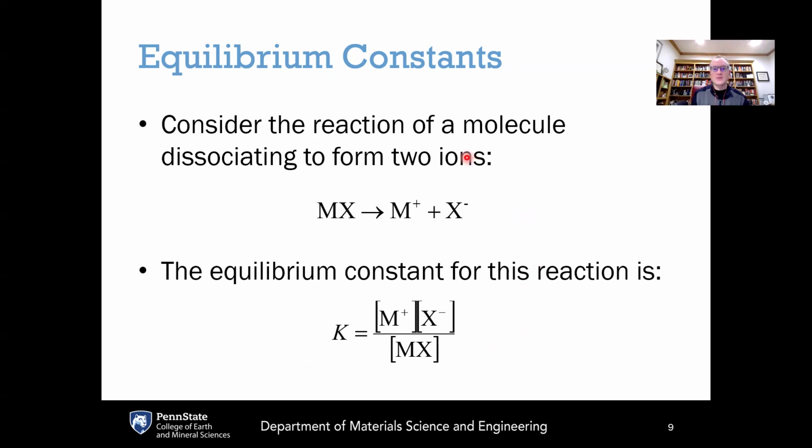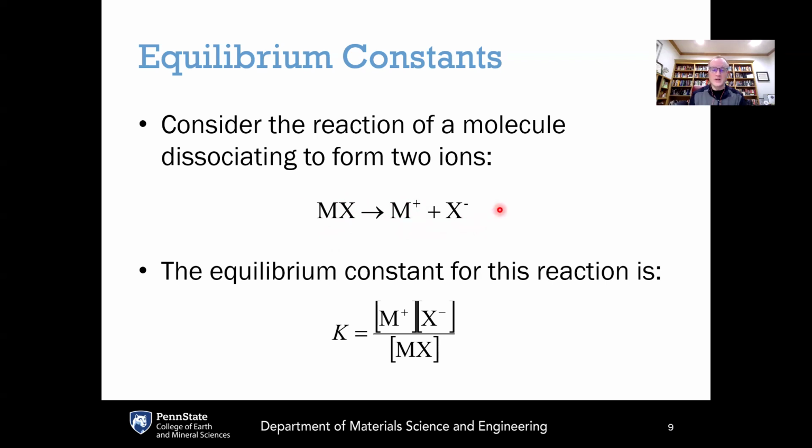So let's consider the reaction of a molecule that is dissociating to form two ions. So if we've got some compound here, MX, and let's suppose that dissociates to form the M plus cation plus the X minus anion.